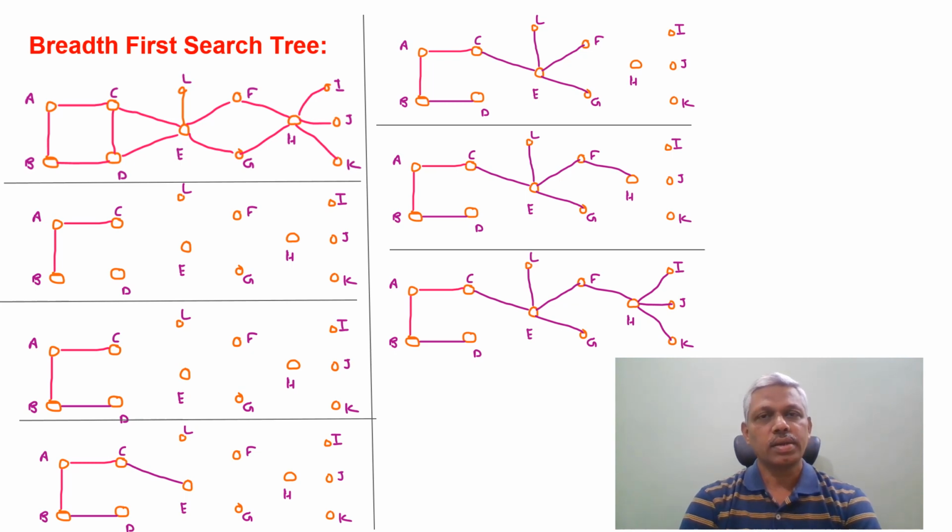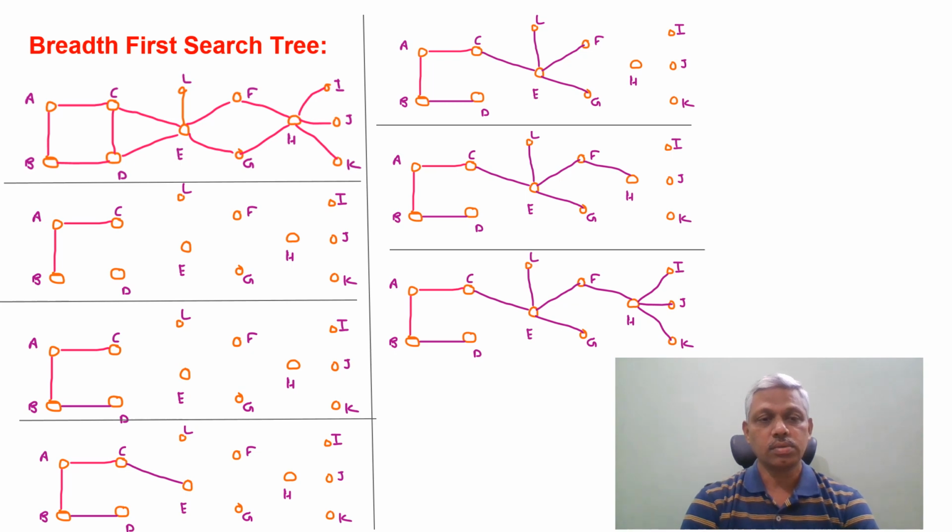Now if we look at the graph in such a way, if we start at the vertex A, that is at level 0, the immediate set of vertices adjacent to A are B and C. Then at level 1, B and C will be added to the spanning tree, so the edges AB and AC will be added to the spanning tree. And then at the first level, B and C are the vertices.